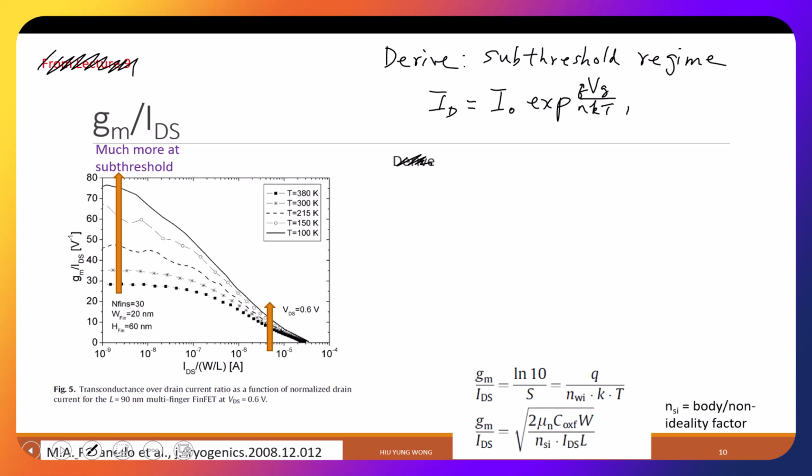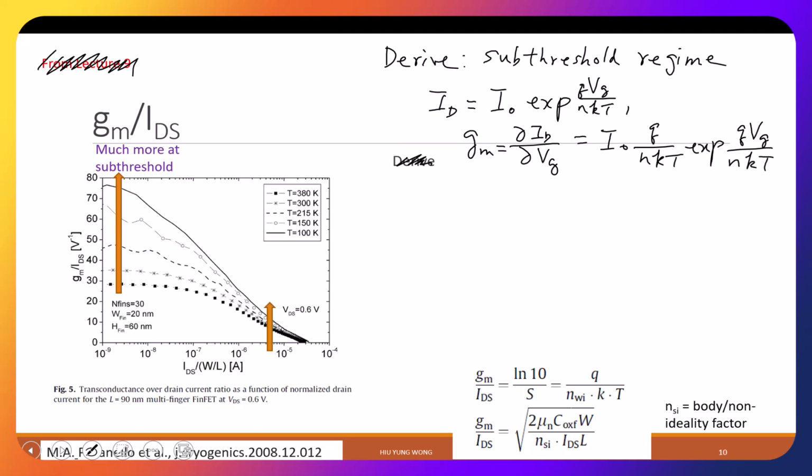Then what is GM? Q. Yeah. So if you do GM, it becomes I0. I mean, what is the equation for GM again? Thank you. I know I'm repeating, but you need to keep repeating to remember and understand. So this is ID. Then you do the differentiation, exponent something. The exponential term doesn't change.